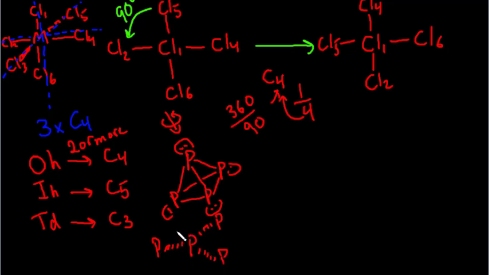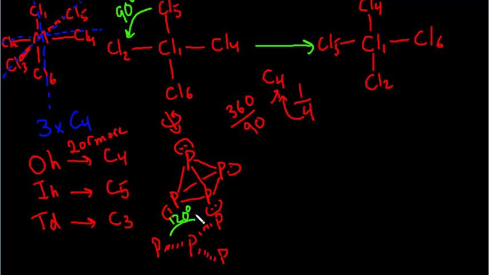It is a pyramid with this phosphorus on top and these 3 at the base. Now these are 120 degrees apart, and if you do a C3 rotation in this case, so if you rotate by 120 degrees, you end up with the same molecule, the same arrangement.